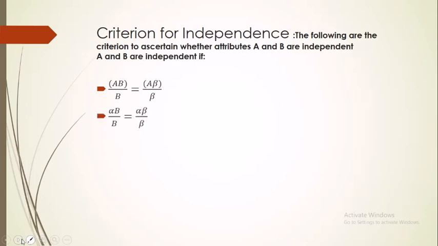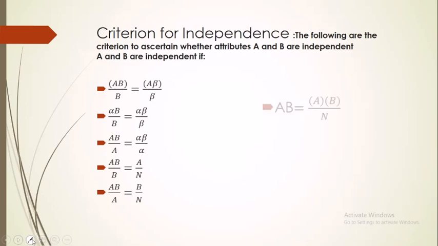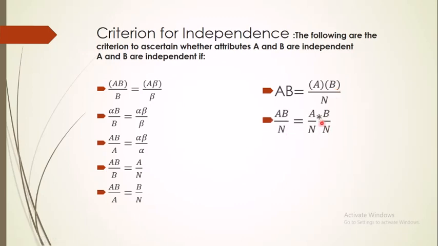The other equations are: alpha B divided by B is equal to alpha beta divided by beta. AB divided by A is equal to alpha beta by alpha. AB by B is equal to A by N. AB by A is equal to B by N. AB is equal to A multiplied by B divided by N. AB by N is equal to A by N times B by N. AB divided by alpha beta is equal to A beta divided by alpha B. AB divided by A beta is equal to alpha B divided by alpha beta.